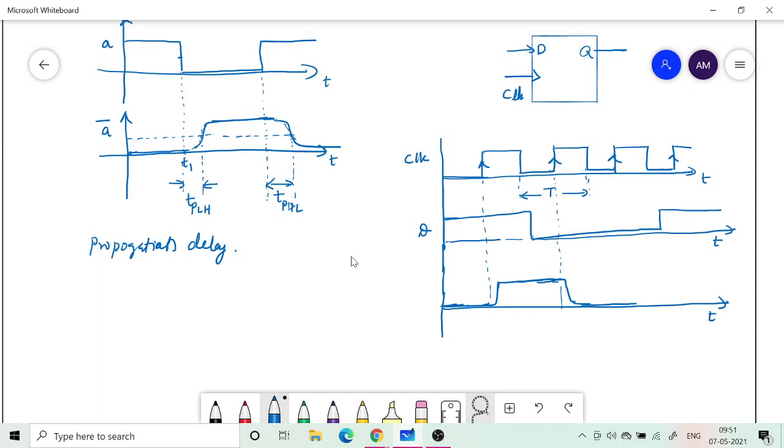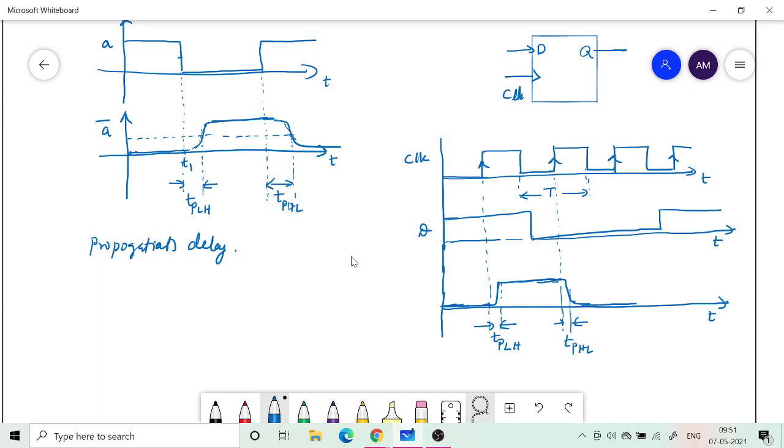Just like the inverter, again you can take it with 50% or with 90%. So this is your TPLH, and this is your TPHL.